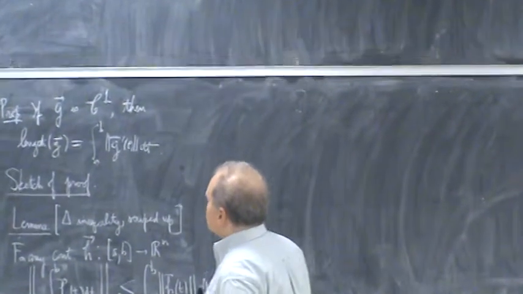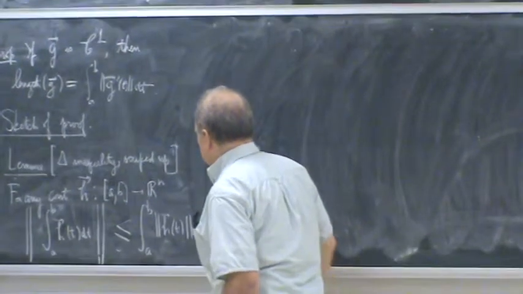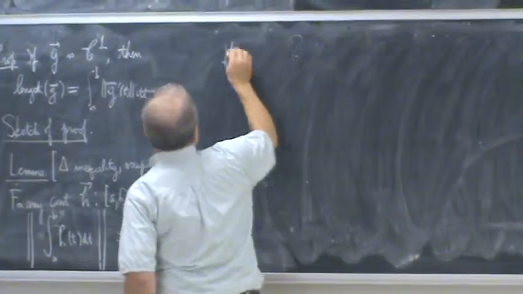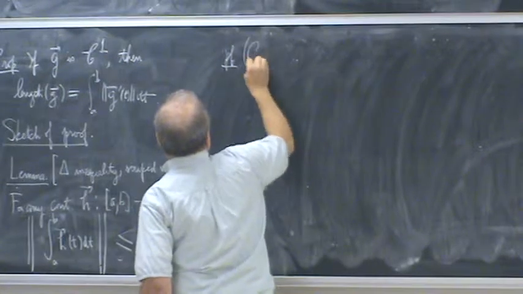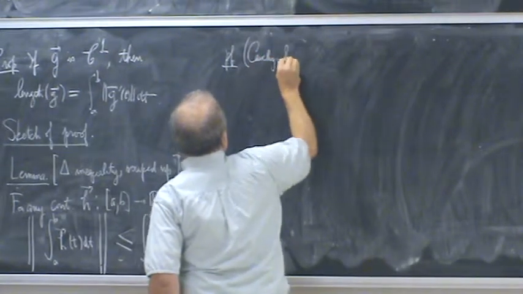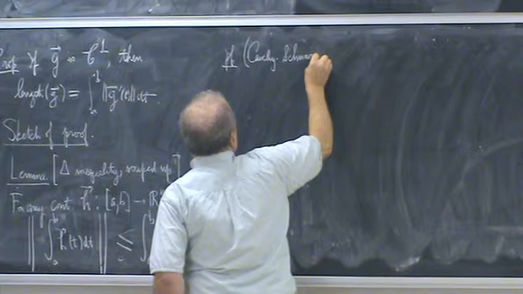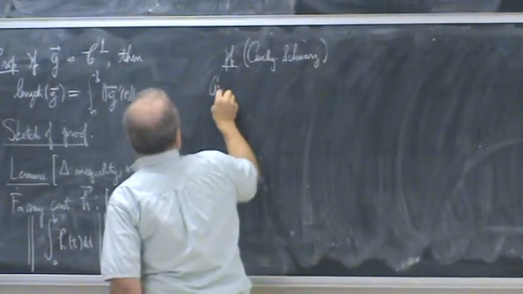So what's an application of this? So the proof I'm not going to do, it's in the book, it's just an immediate application of Cauchy-Schwarz. What's an application of it?